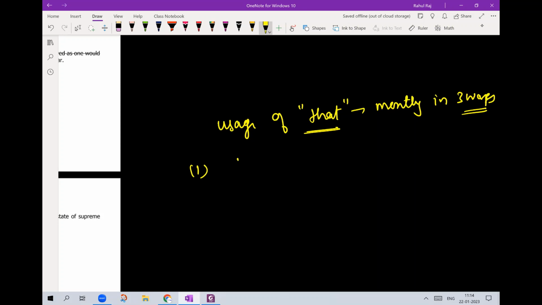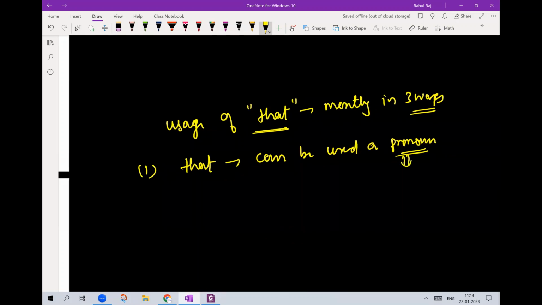The first usage of that is that it can be used as a pronoun. If that is used as a pronoun, what would happen? It should have a very clear antecedent. Simple logic. What do you mean by antecedent? It should have a very clear reference point to what noun it is referring to.